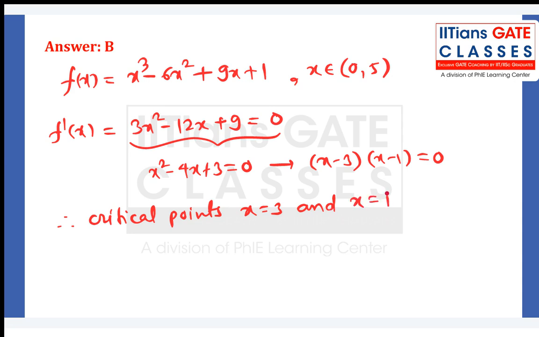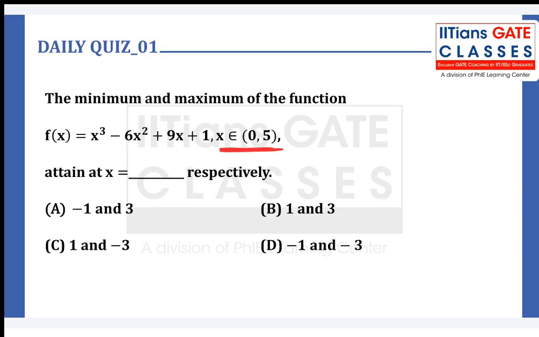Now before using the second derivative test, you should always keep in mind they are talking about a particular range. Both of these critical points fall within the range. If you look at the options, just by looking at the options and this piece of information, you could have told option B should be the right answer, because in option A there is -1 which lies outside 0 to 5.